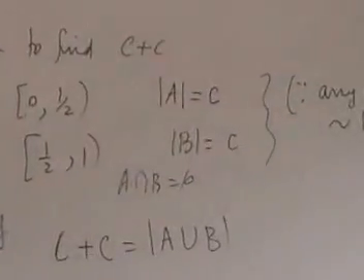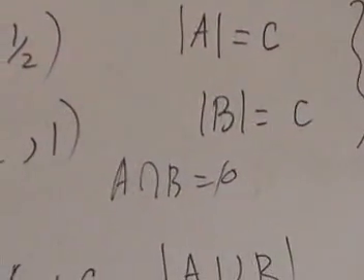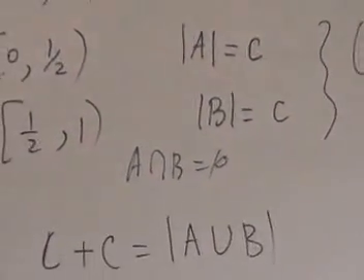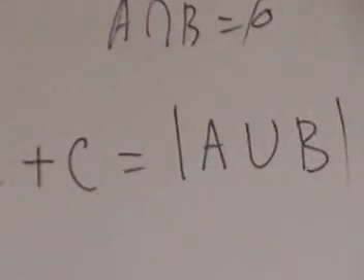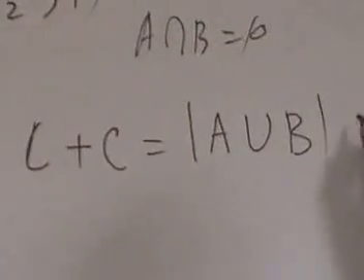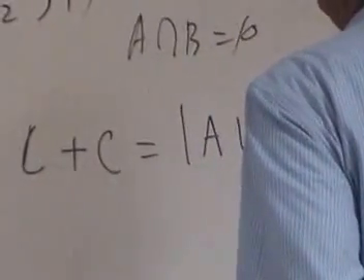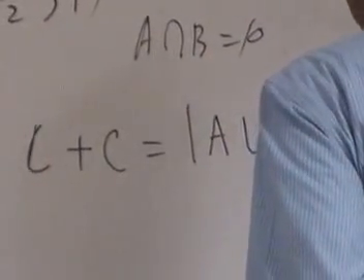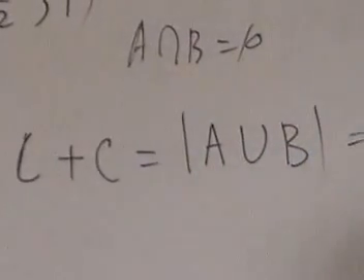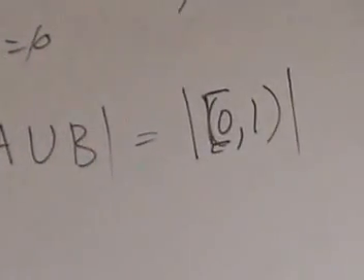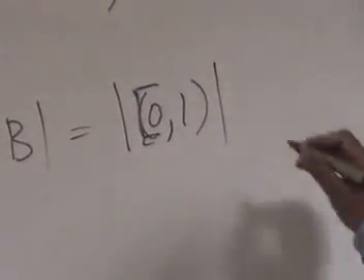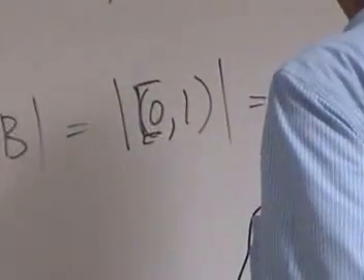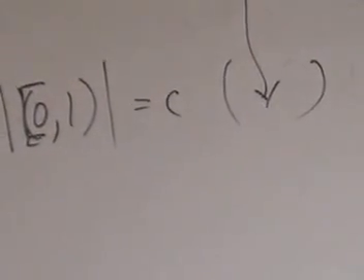So I have two disjoint sets, each having cardinality C, therefore C plus C must be the cardinality of A union B by definition. But what is A union B? The interval from 0 to 1. And its cardinality is C, for the same reason. So C plus C is equal to C.